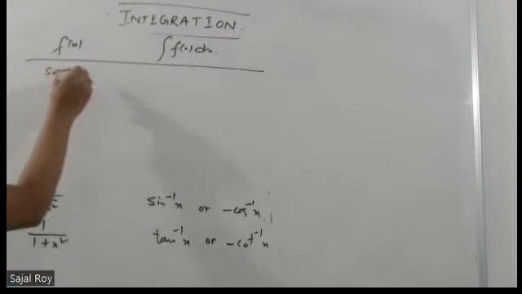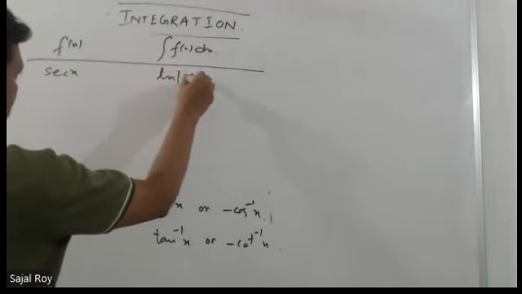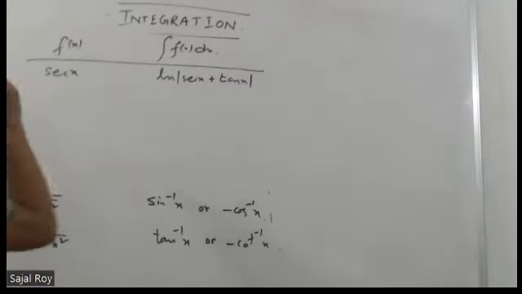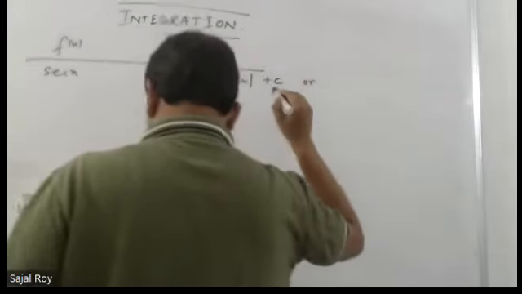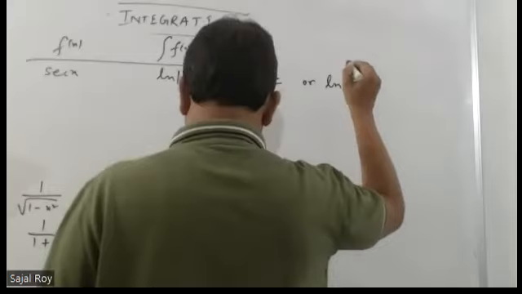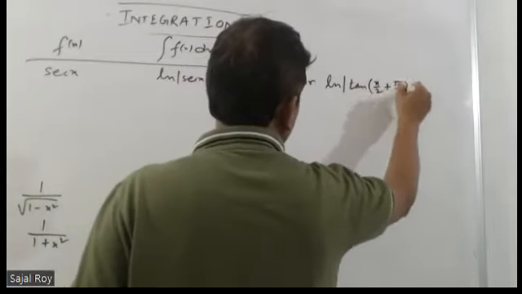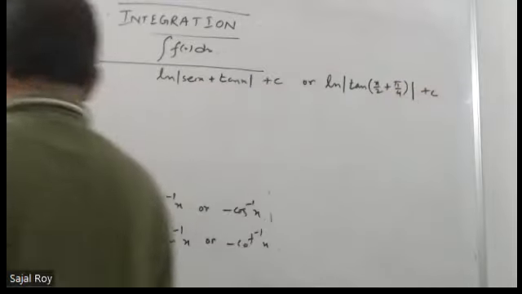Integral of secant x is log mod secant x plus tan x plus c, or log mod tan of x by 2 plus pi by 4 plus c.